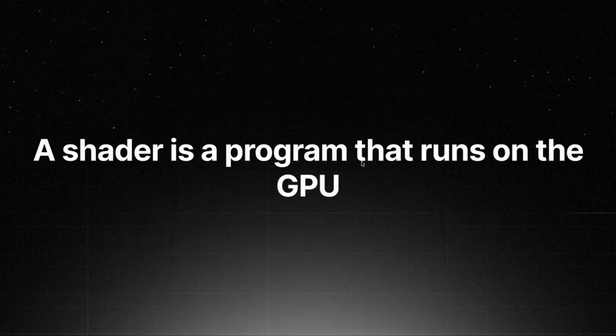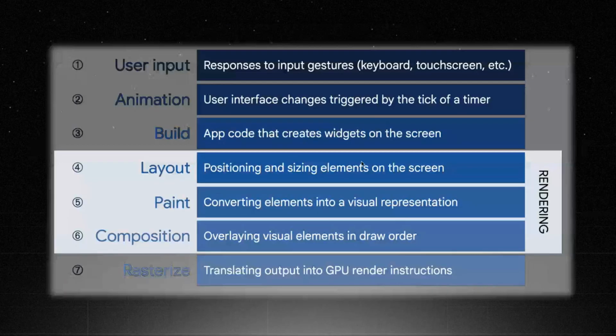So now we have an idea of what a fragment shader is. How does it relate to Flutter? Obviously, as I said in the beginning, it doesn't matter if it is Flutter or React Native or anything else, everything has to go through this. And this pipeline here is the way Flutter renders: you go through the build, then the layout phase, and then finally the paint phase. The paint phase is almost the point before we send anything to the GPU, which is when we do the composition as a final point.